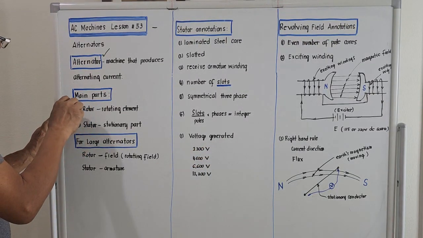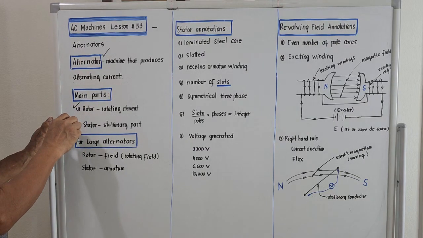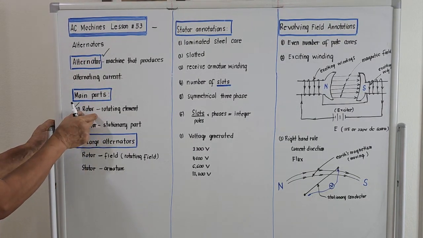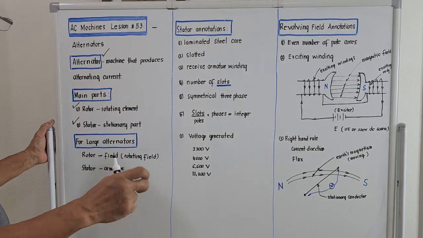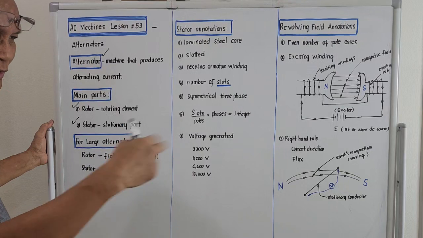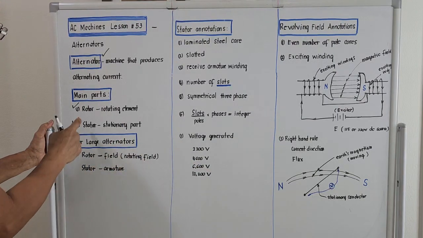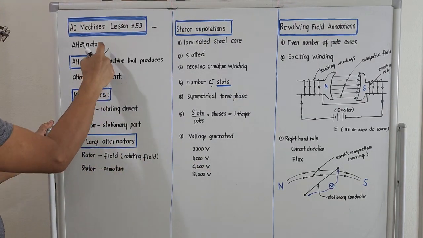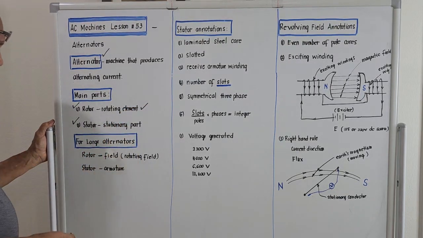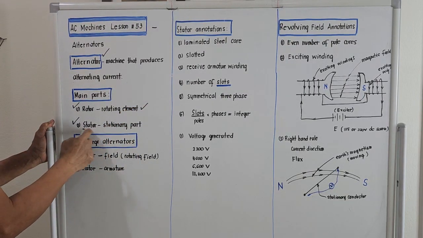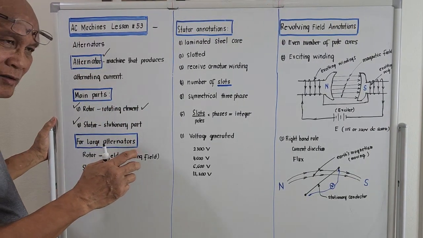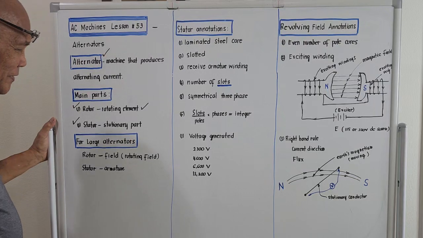So the parts of an alternator, there are only two: the rotor and the so-called stator. Rotor is synonymous to the word rotating. So if we say rotor under the study of alternator, it should be the rotating element. Stator is synonymous to stationary.